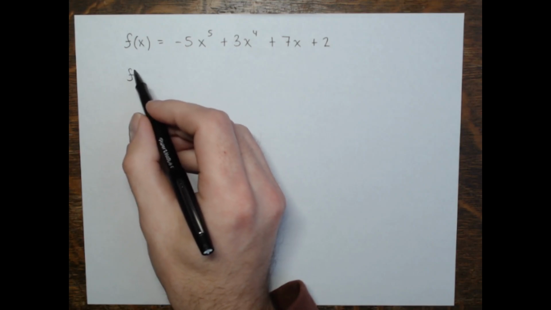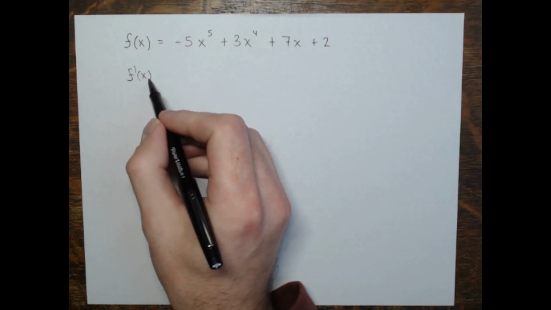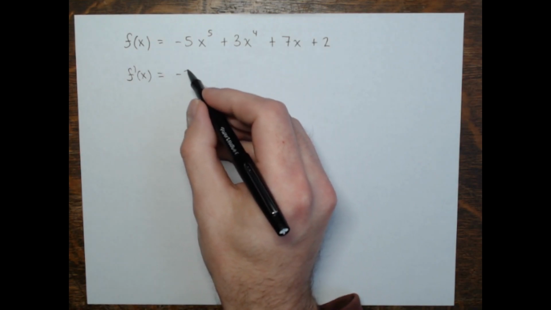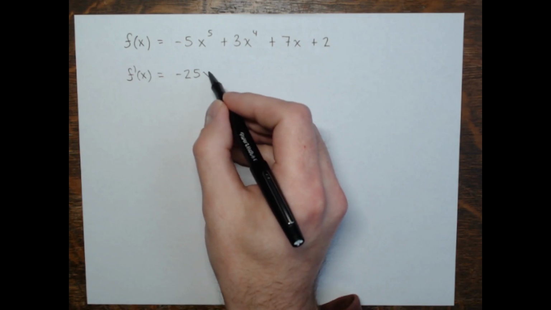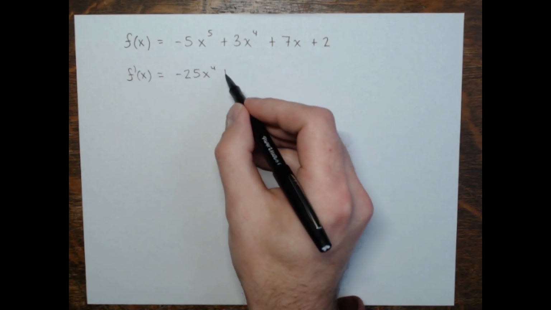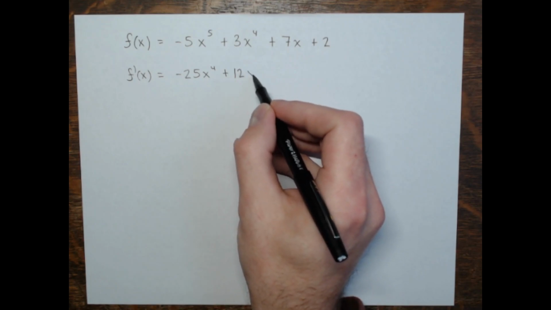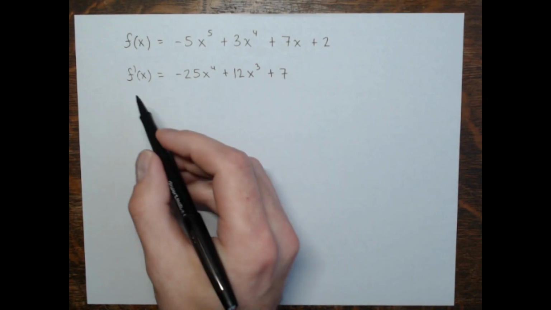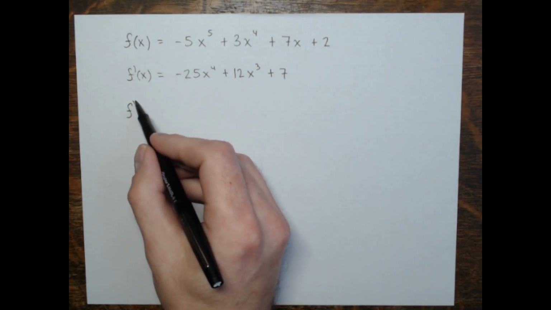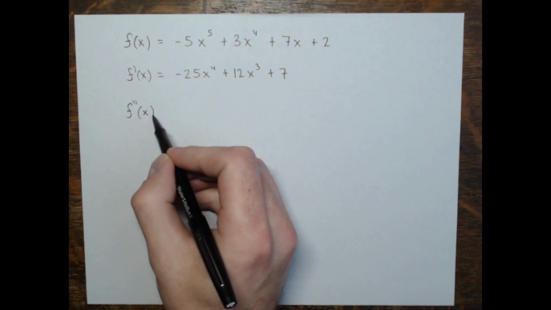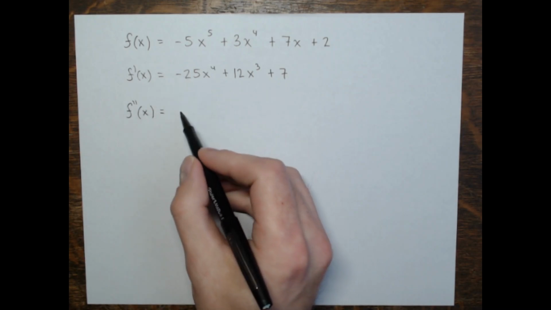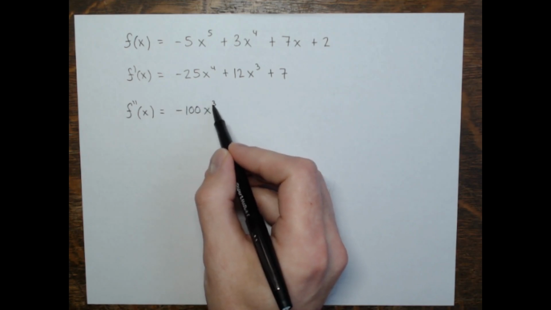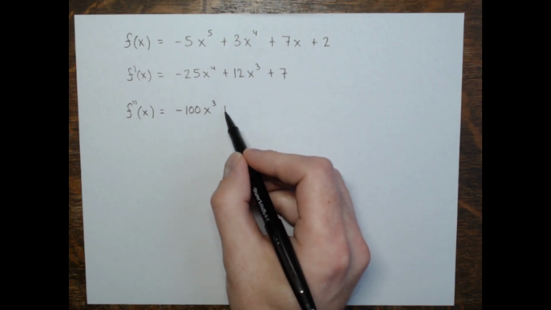We need second derivative information to answer this question. So the first derivative would be -25x to the 4th plus 12x to the 3rd plus 7. And then the second derivative would be -100x to the 3rd plus 36x squared.